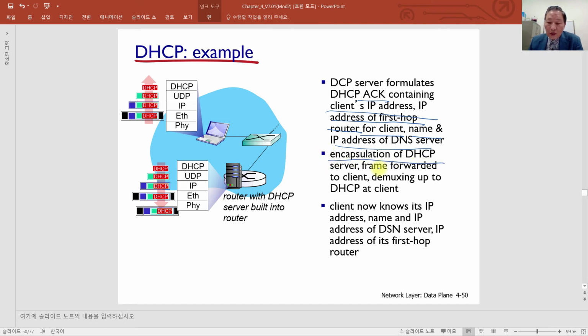It is encapsulated and the frame is forwarded to the client, and arrives there finally. The client now knows its IP address. Some detailed interaction is omitted, and now the client, this notebook, gets the information we want: the name and IP address of the DNS server and the IP address of its gateway router, the first hop router. We can use the internet if those are configured properly.